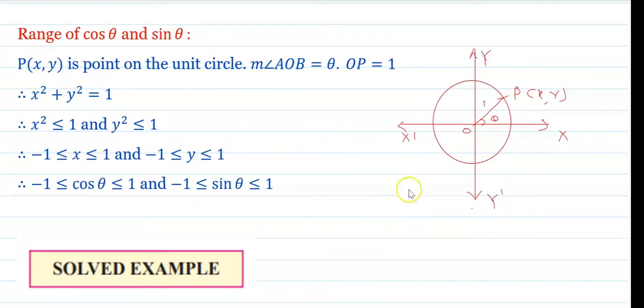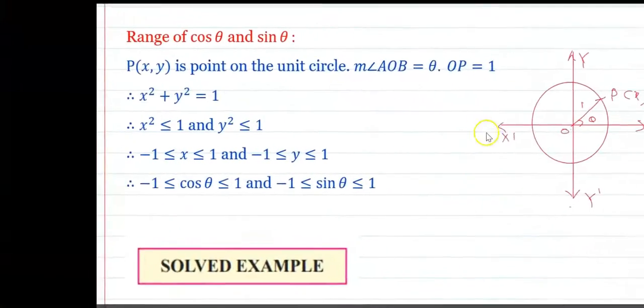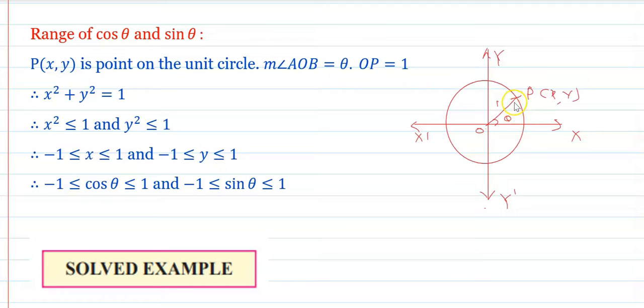And therefore, what about the distance OP? By using the distance formula, (x minus 0) whole square plus (y minus 0) whole square, you will get x square plus y square is equal to 1. It means x square is less than or equal to 1, and y square is also less than or equal to 1.